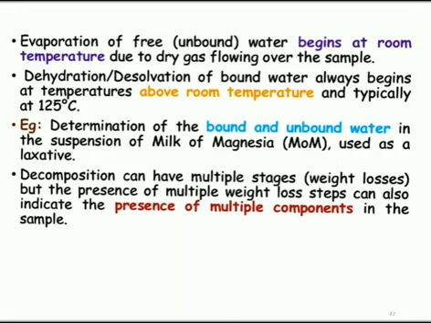So therefore, by using thermogravimetric analysis, we can study the bound and unbound water molecules present in or stuck with the substance or compound. It is also used to study the decomposition, which can have multiple stages, but the presence of multiple weight loss steps can also indicate the presence of multiple components in the sample.